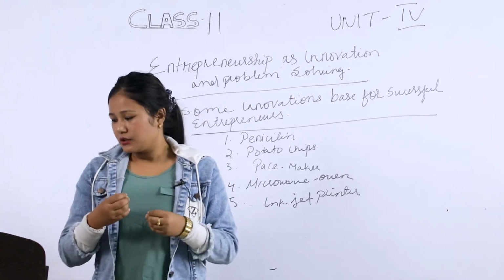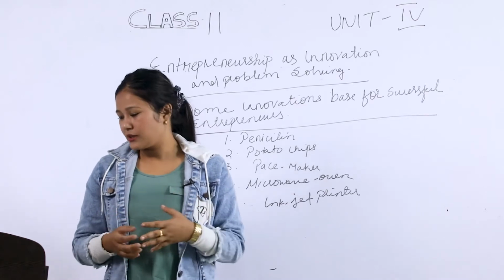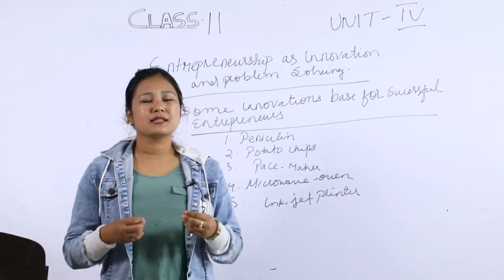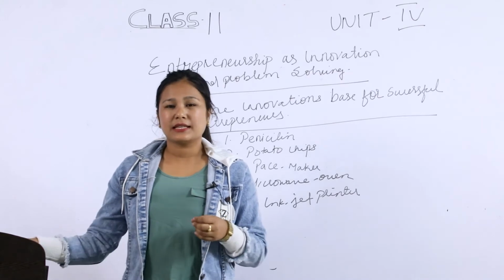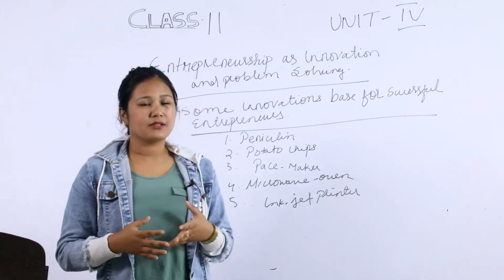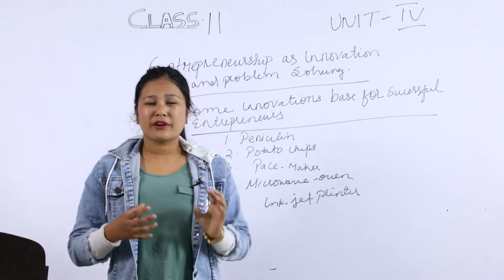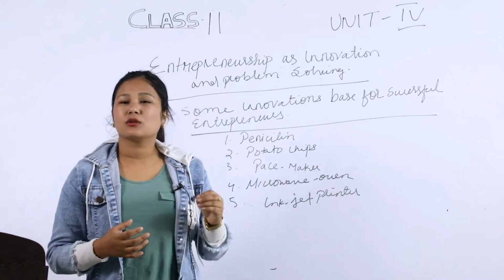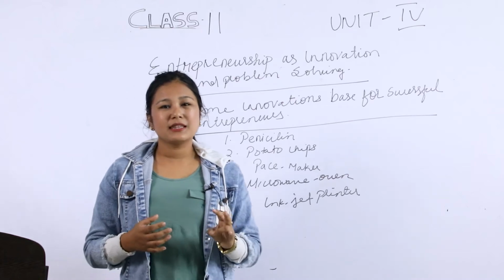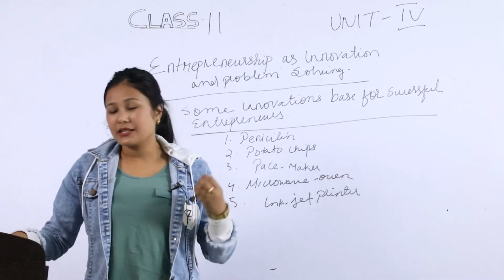So here, Joseph A. Schumpeter defined entrepreneurs as innovators. He said that entrepreneurs are innovators, and that the fourth factor in the economic factors is the entrepreneur. The first three are land, labor, and capital, right?